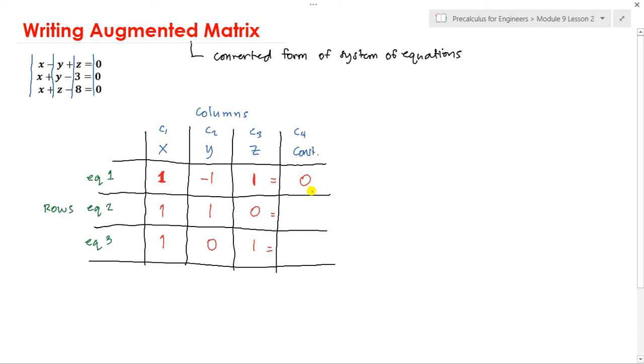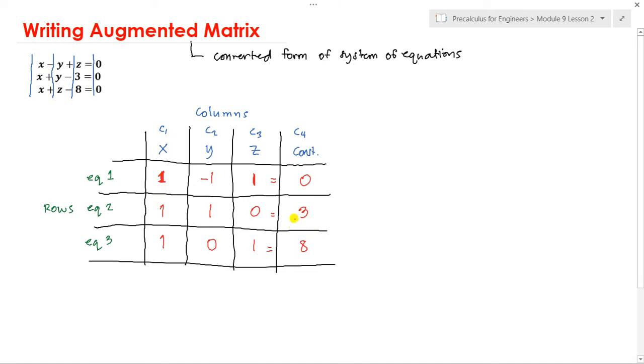Negative 3. But I said it should be isolated on the right. Okay, positive 3. How about for row 3, column 4? Positive 8, right? Yes, sir. Okay, positive 8.